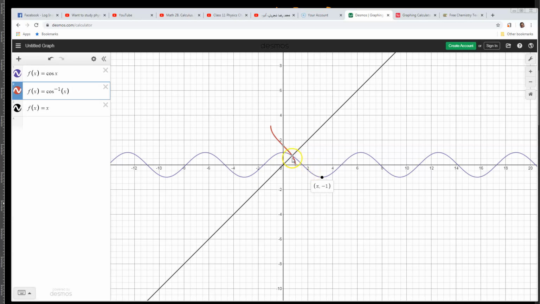And the other part, which is (0, 1), if I find the image of this point through this line y is equal to x, I will get (1, 0), which is this point over here. So you can see how the two functions are symmetric about the line y is equal to x.